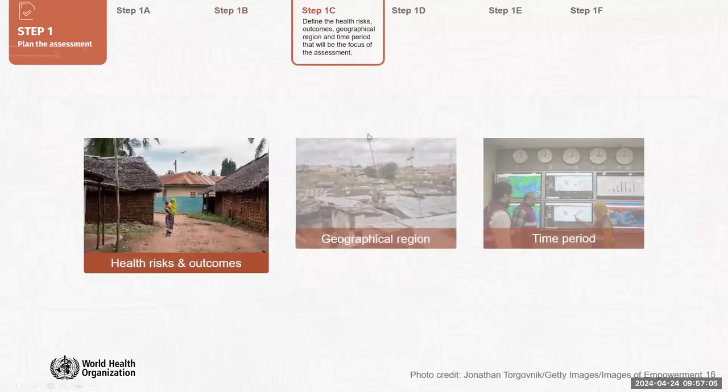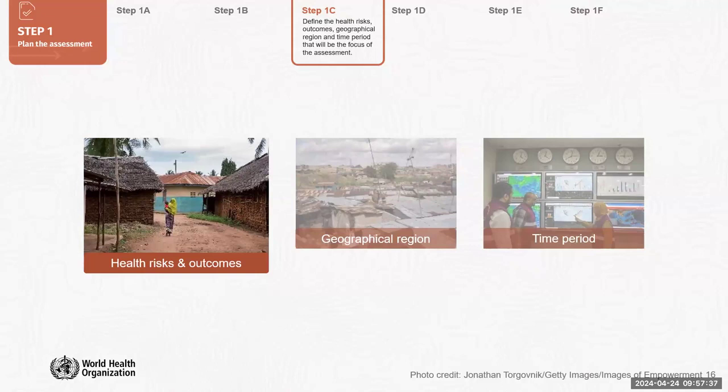So we would also be concerned about looking at three things: the health risks, health outcomes, geographical region, and time period. So this should be defined early on. For example, when we think of the health risk, we need to have a specific set of stakeholders, experts that could help us.